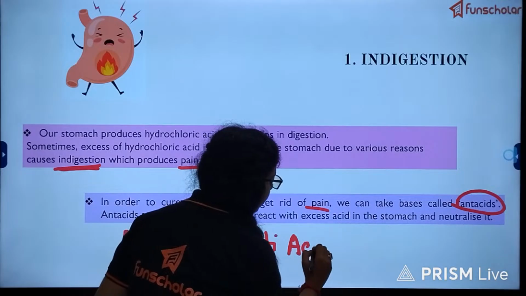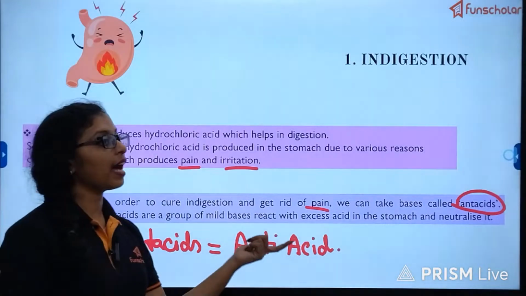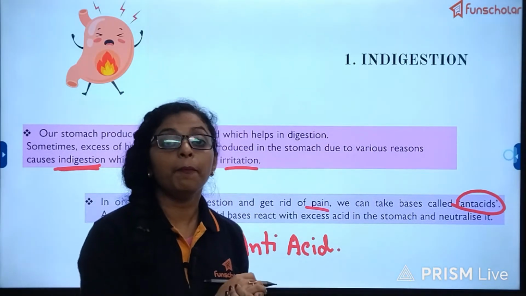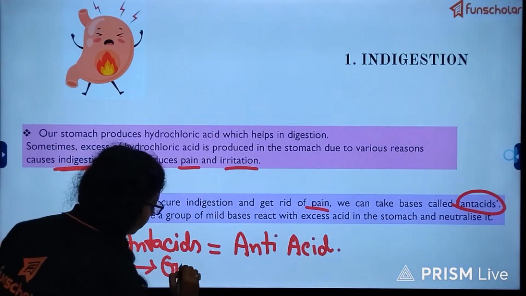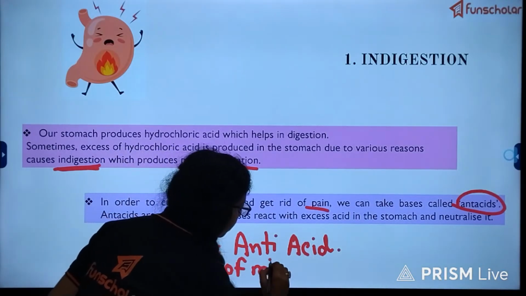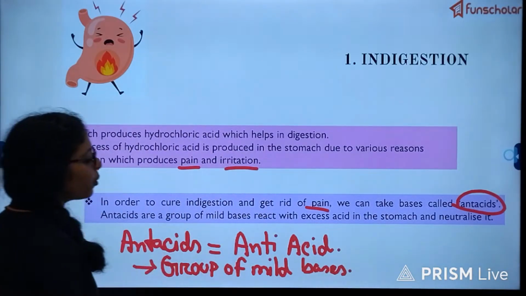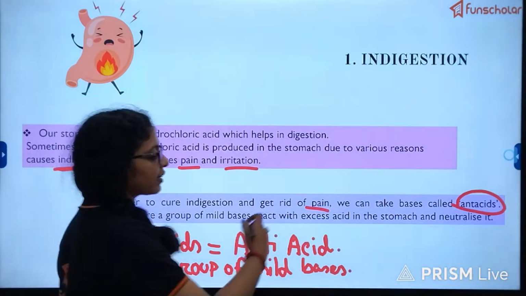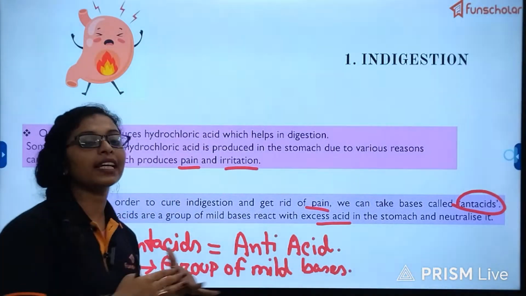Acid is present in your stomach, so these antacids actually consist of a group of mild bases. Antacids are a group of mild bases that react with the excess amount of acid in the stomach and neutralize it, right?